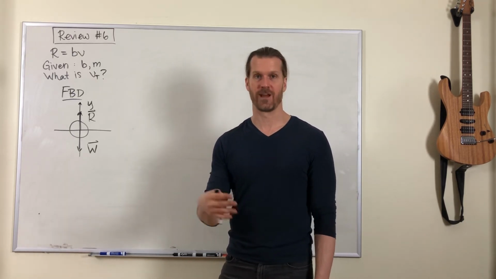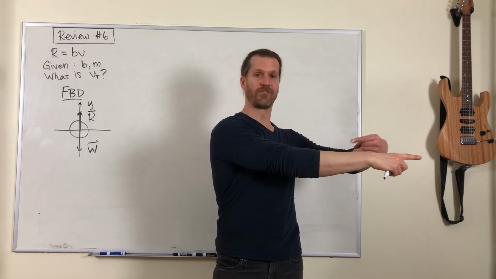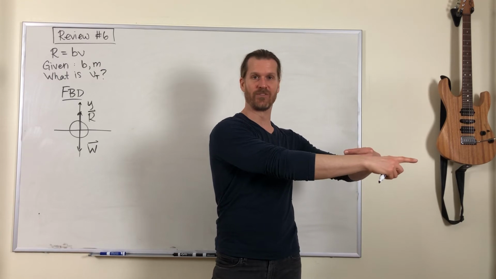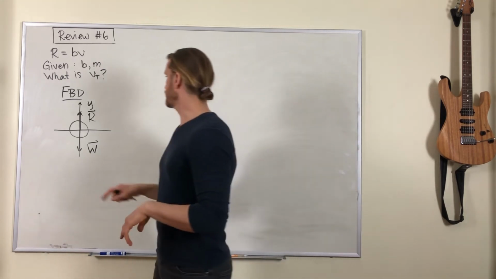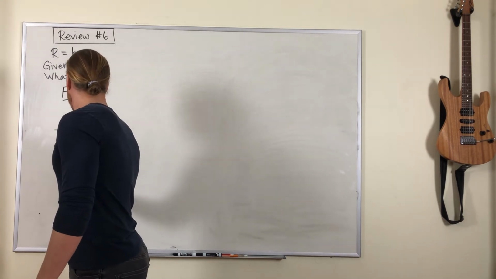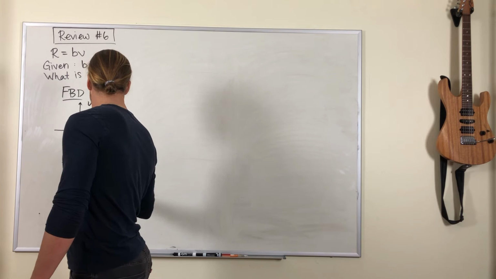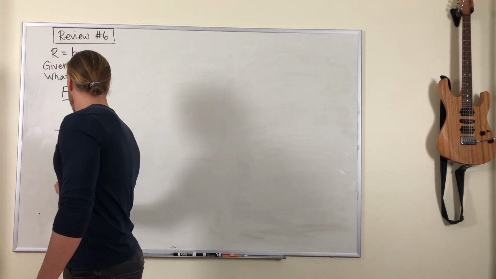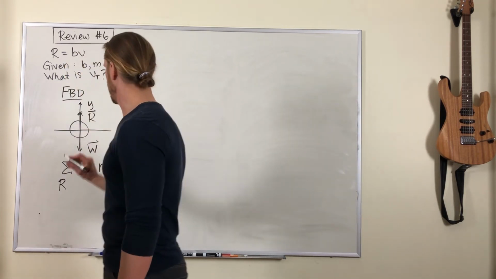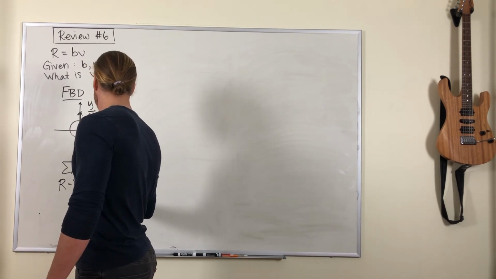If it's a bullet train and the train is going this way, then the air resistance force opposes the motion of the train. Okay, and we can write down Newton's second law for the y direction. We've got R in the upward direction, we've got the weight in the downward direction.